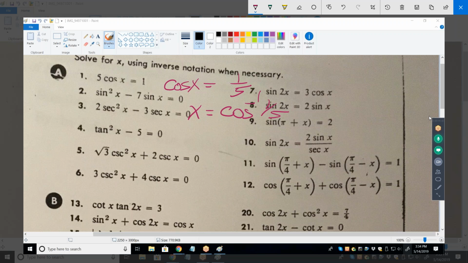Now, do they care if your answer is in degrees or radians here? Ooh, I think they want it in radians. Do they? They don't necessarily say that. But that's okay. Your calculator will give it to you in radians if you put it in radian mode, then take the inverse cosine of 1/5.